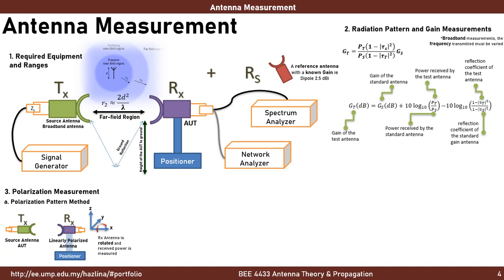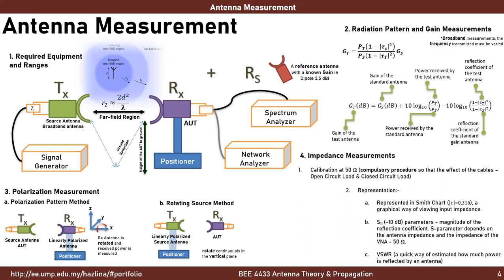The received power is then plotted and measured. The second technique is the rotating source method. Here, the antenna under test is positioned at the receiving part, while the transmitter is a linearly polarized antenna which rotates continuously in the vertical plane.